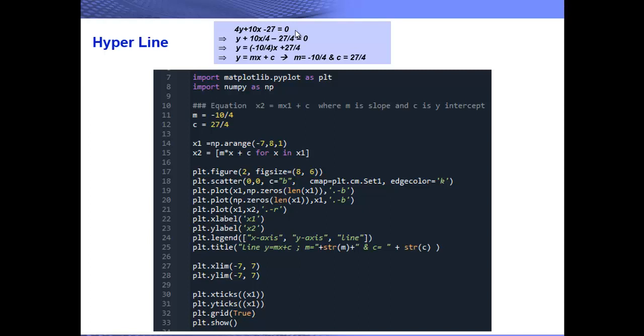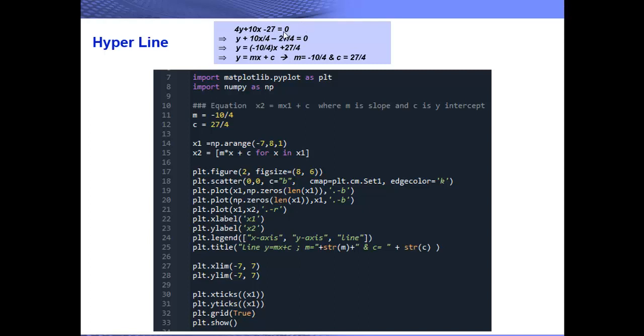In fact, whatever we did in the last video, automatically we will see what that algorithm has done. But for now, let us see how to plot the line. We got 4y plus 10x minus 27 is equal to 0.